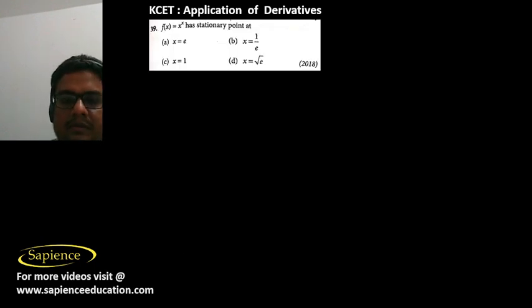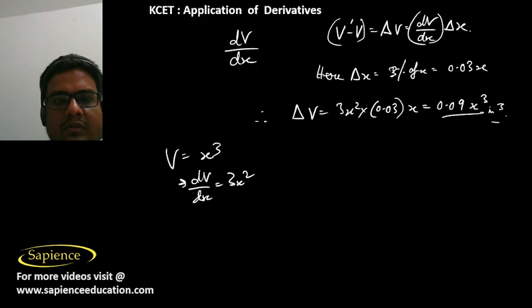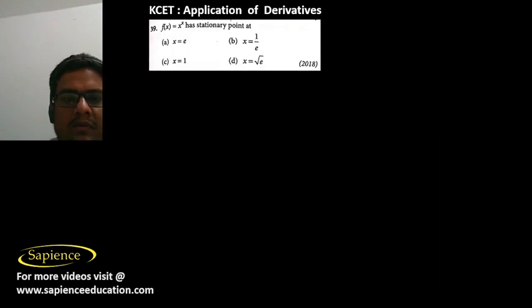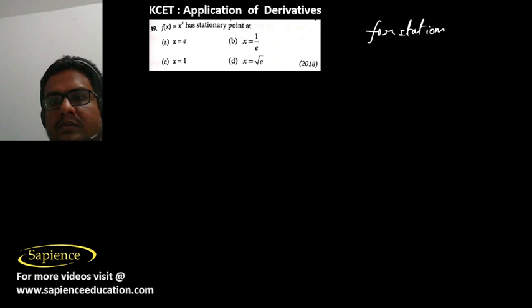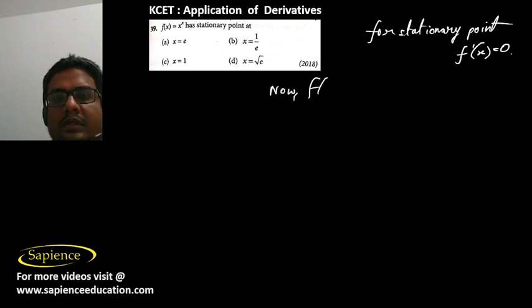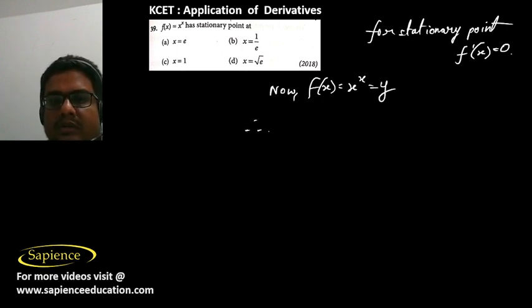Okay. Then question number 39 is to find the stationary point of f of x equals x power x. Let y equal x power x. If you take log on both sides, log y equals x log x.